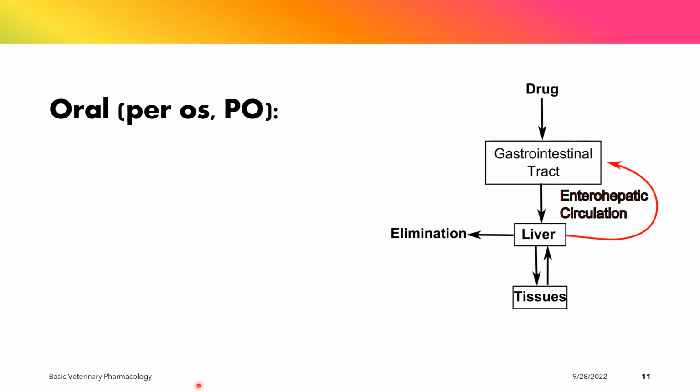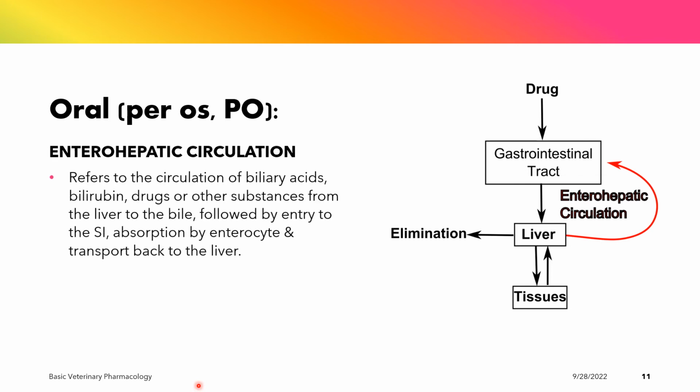Enterohepatic circulation is also defined as the circulation of biliary acids, bilirubin, drugs, or other substances from the liver to the bile, followed by entry into the small intestine. And in the small intestine, it will be absorbed by the enterocyte and transported back into the liver, as shown in the figure.